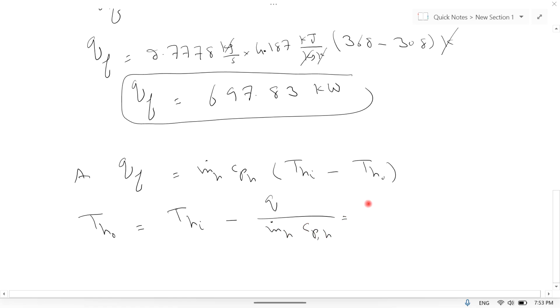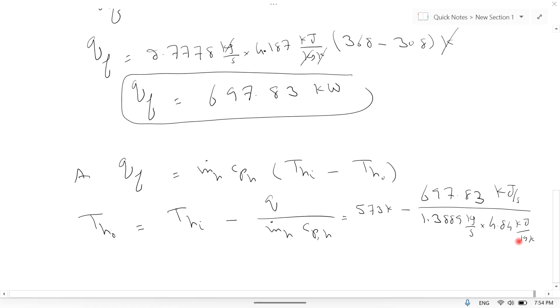So THO is equal to 573 Kelvin minus Q, which is 697.83 kilowatt, where watt is joule per second, divided by m dot H, the mass flow rate of hot water, 1.3889 kilogram per second, and the specific heat capacity of hot water, 4.84 kilojoule per kilogram per Kelvin.